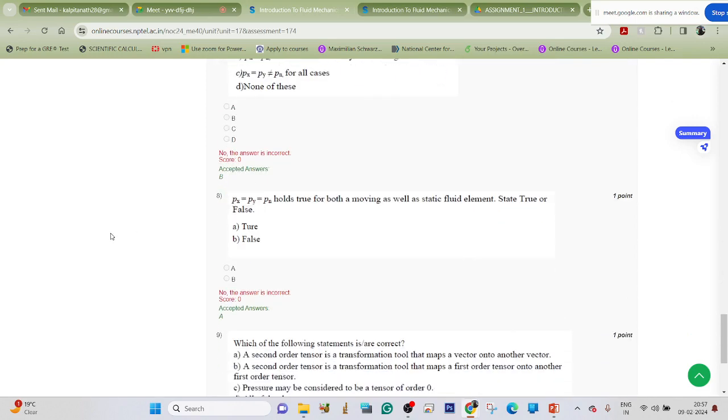So it will be true. Yes, ma'am. It will be true. Okay, ma'am. So even if there is shear force acting on it, it will hold good. It will be true. Okay, ma'am.